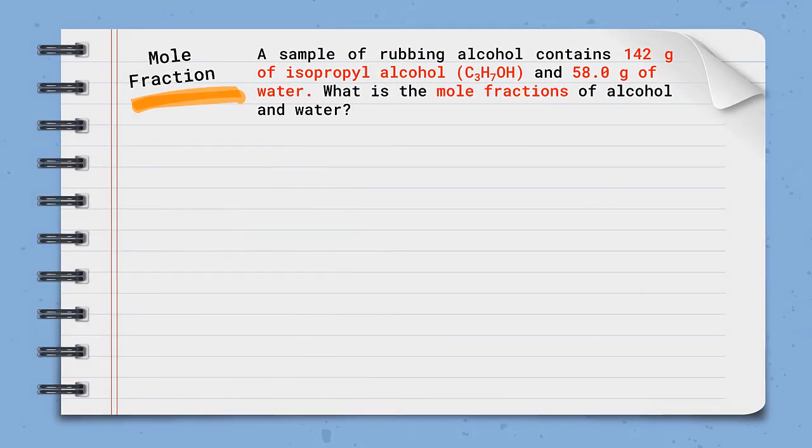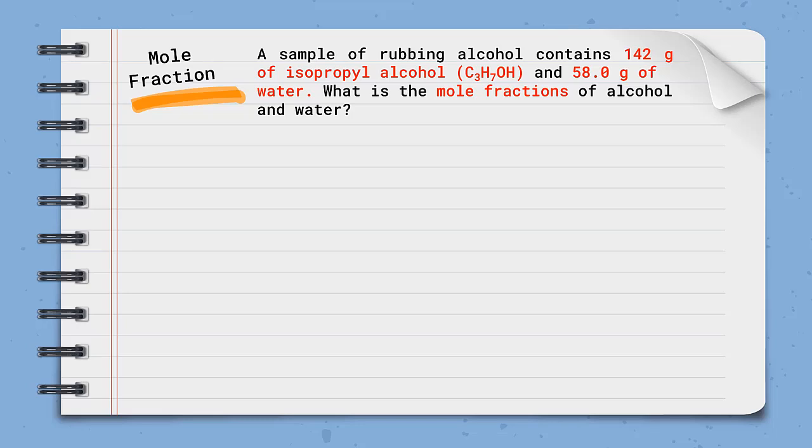A sample of rubbing alcohol contains 142 gram of isopropyl alcohol and 58 gram of water. So what are the mole fractions of alcohol and water? This is another example that uses "a sample of". Just now "a sample of" belonged to a solute, but you also need to check the grammar of the sentence because it states "contains" one and two.